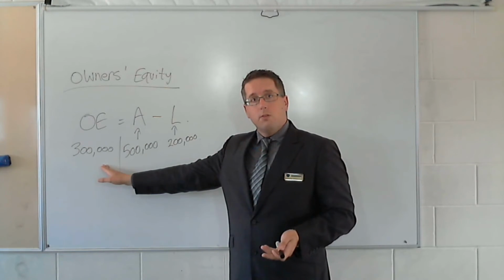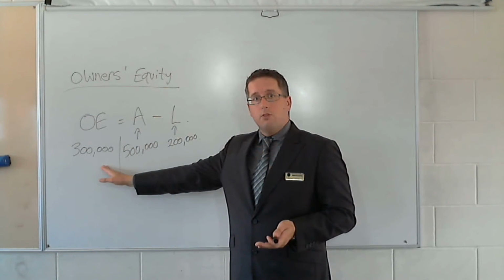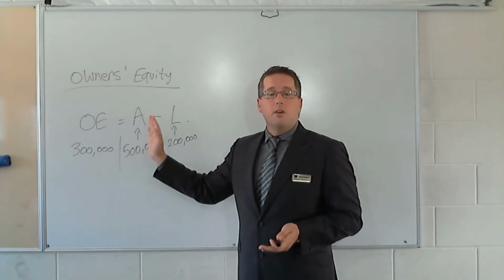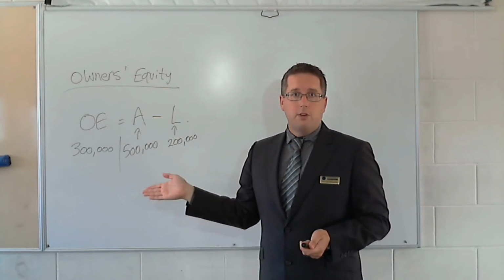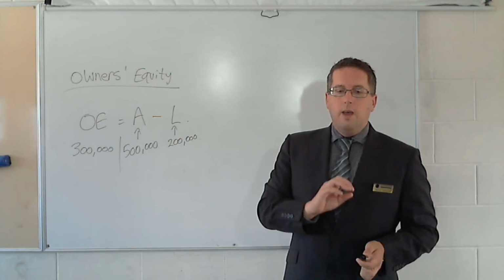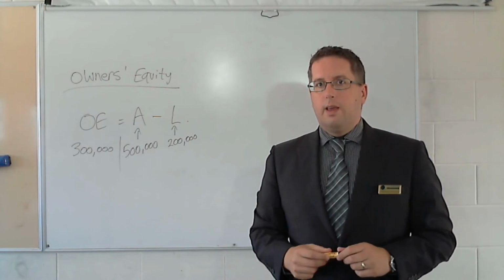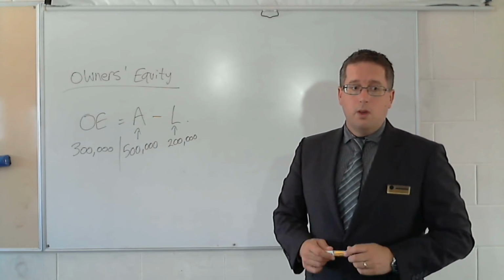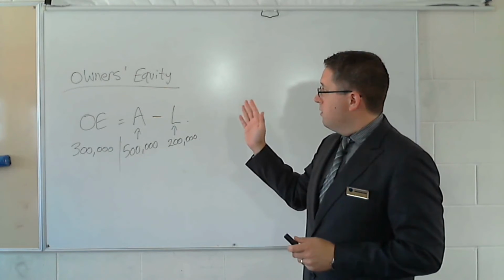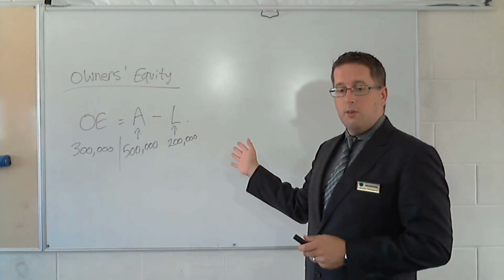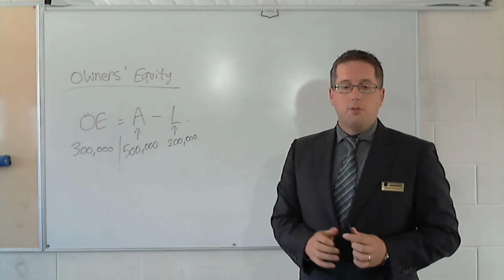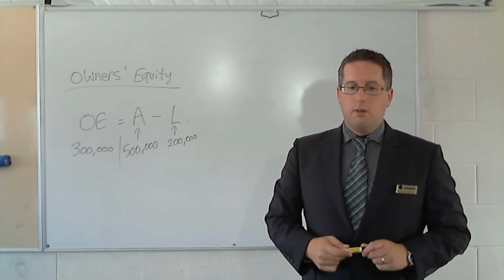So my share of the business is $300,000. This is my equity, my share of the house. The same equation happens in accounting for businesses as well. So you've always got your assets minus your liabilities equals the owner's share of the business, OE.